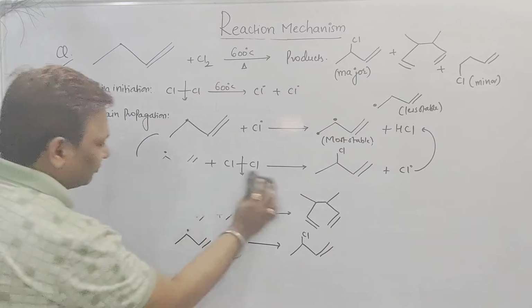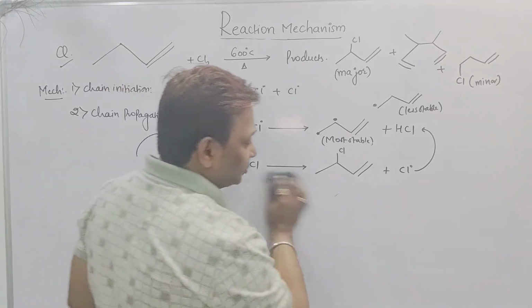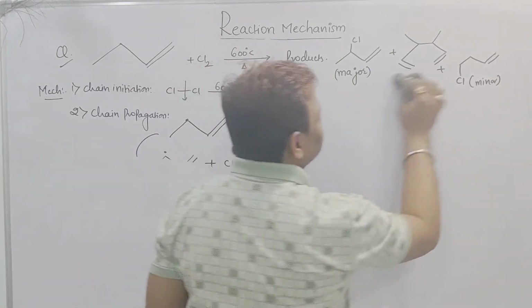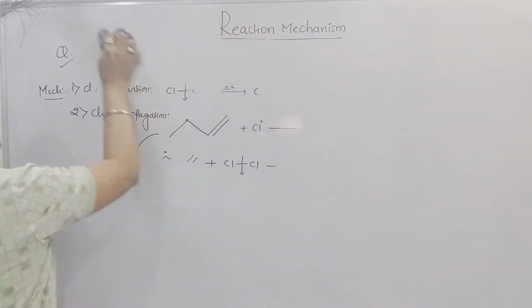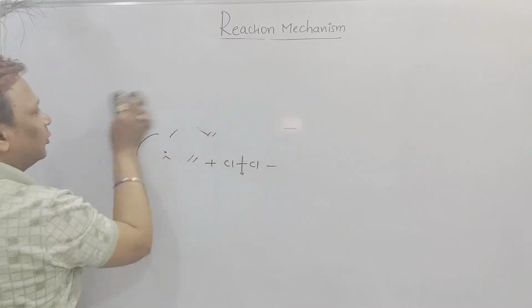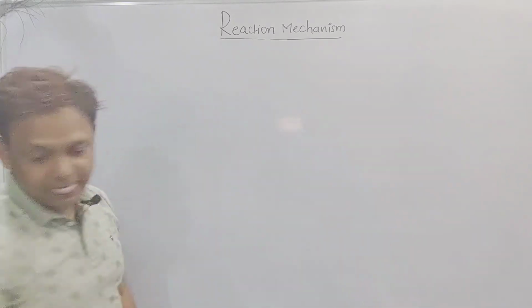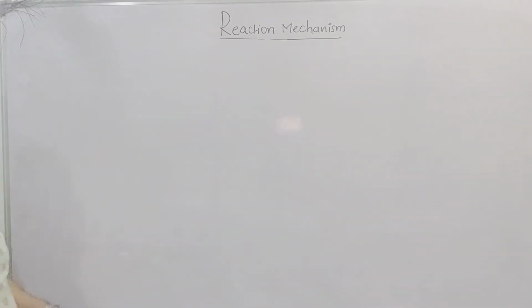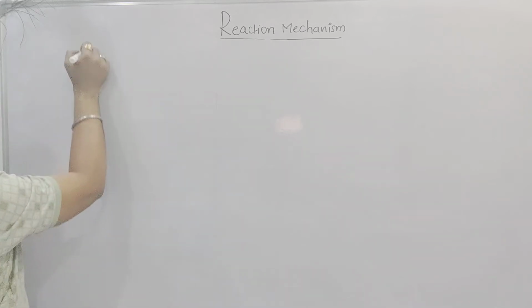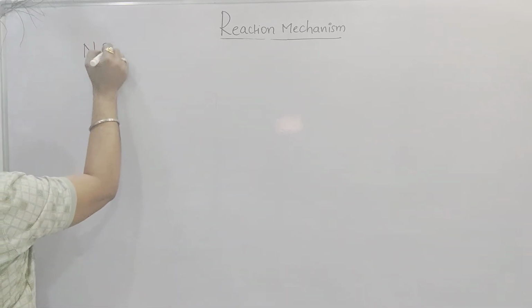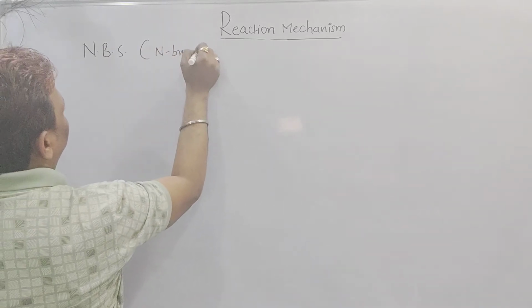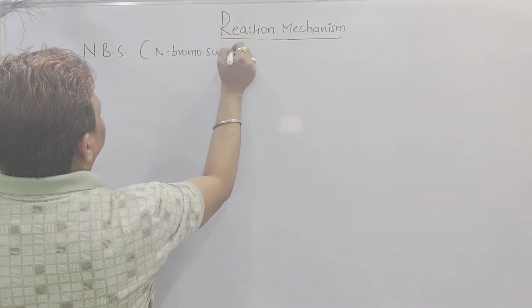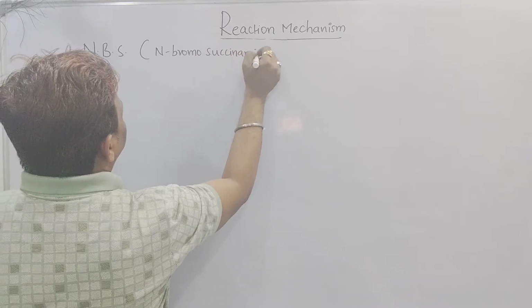Yes beta, now we will go to one more called NBS. Do you know NBS? N-bromosuccinimide. That NBS part we will see now. Sir, whenever you see NBS, beta, it is called N-bromosuccinimide.